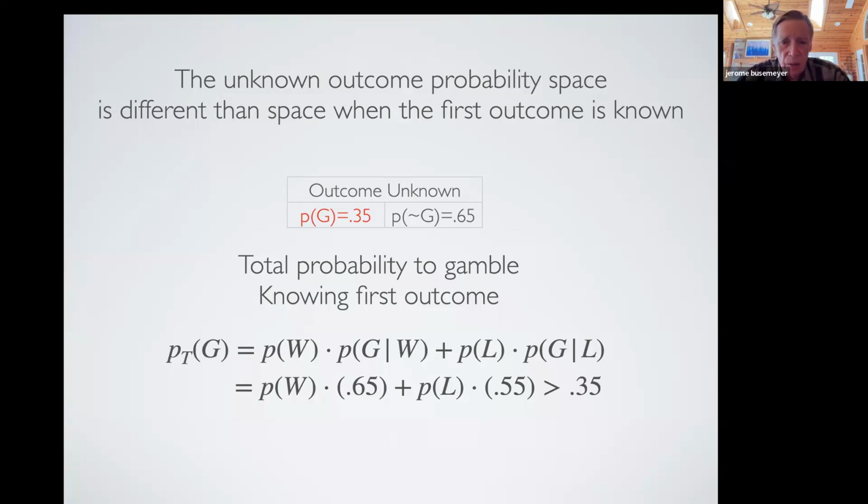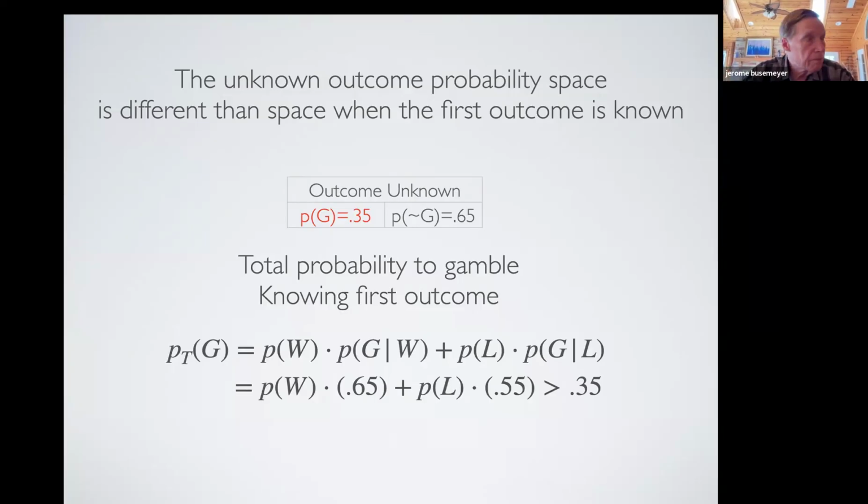And so when they know the first outcomes, those probabilities don't match what we would expect when they don't know the first outcome. So whether or not they know the first outcome changes the distributions that we're working with.